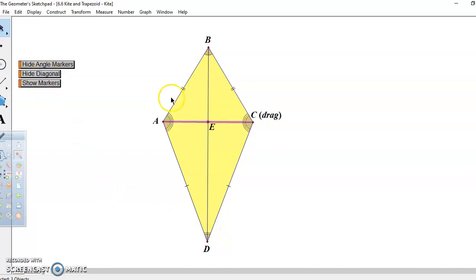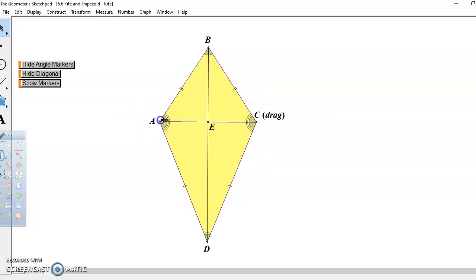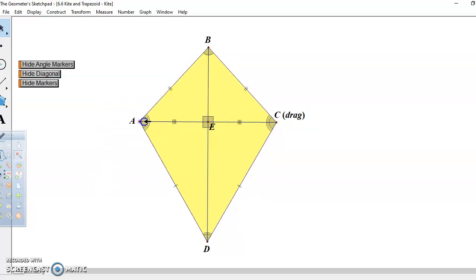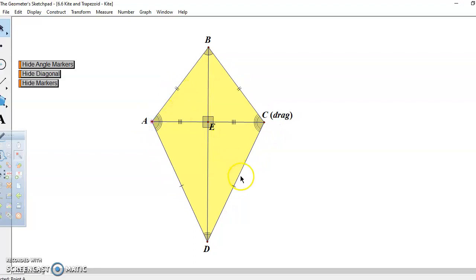Diagonals, when you put those in there, are always going to be perpendicular. They stay perpendicular. And as A moves out, C moves out. So these two smaller segments are always congruent as well. But because the opposite sides are never congruent for a kite, this can never be a parallelogram.